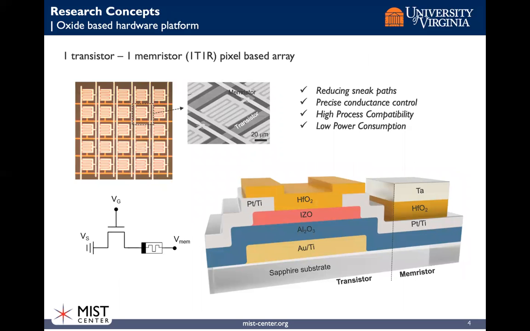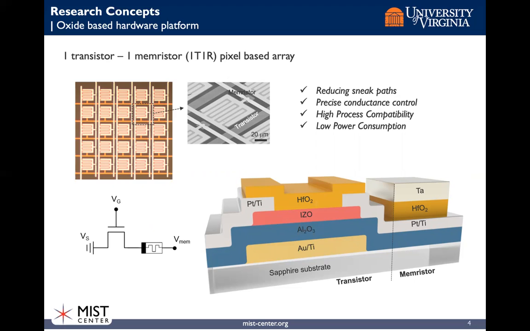Here, the figure shows the schematic illustration and optical microscope and SEM images for one transistor and one memristor crossbar array. Here we have employed a one-transistor, one-memristor structure to reduce the sneak path and to enable precise conductance control at low power consumption.